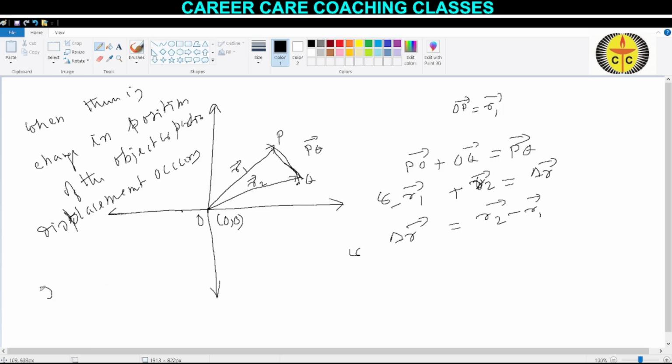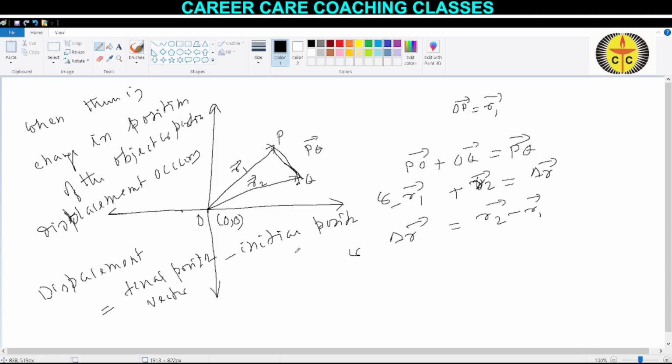Displacement is equal to final position minus initial position, where position means position vector.